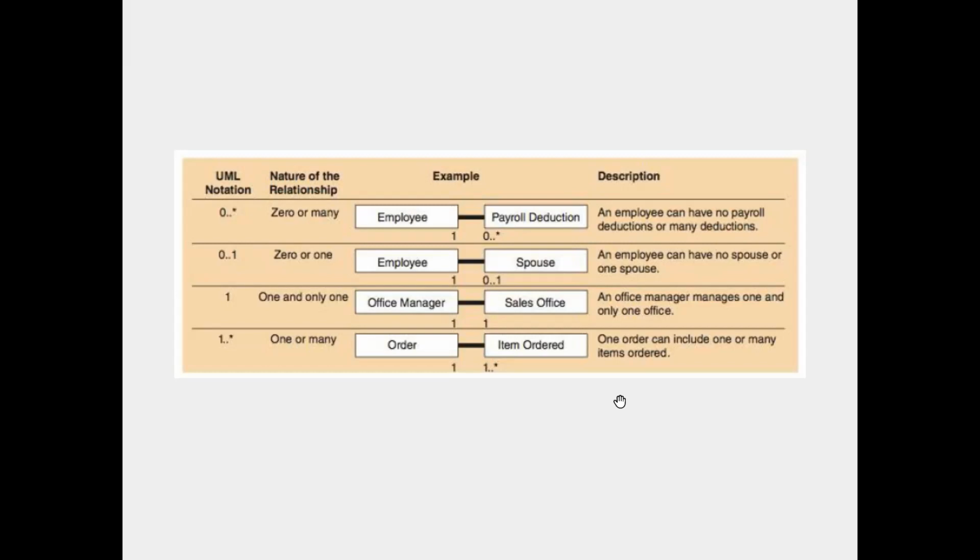The first one says the minimum is 0, maximum is any number. Second one, minimum 0, maximum 1, one and only one. Then we have lectures. In this case, we have one to many. It's a slightly different approach, but I think you better know this as well.